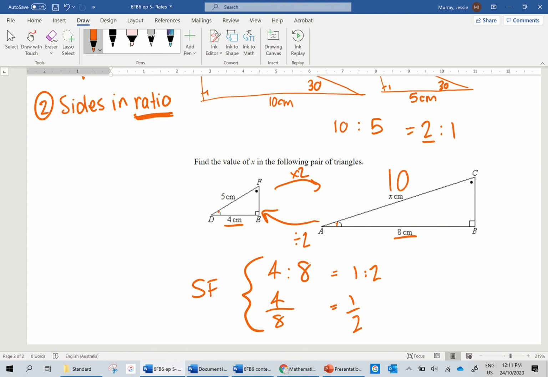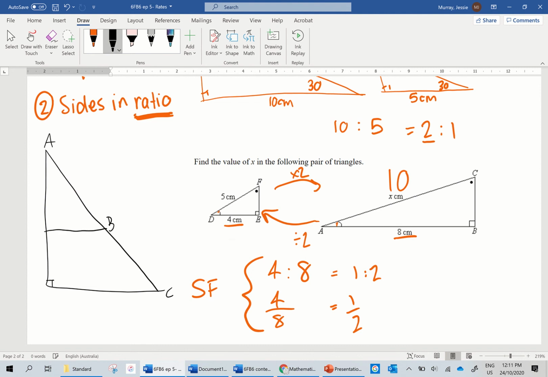And the last thing I'll just point out is that questions on this can give you something tricky, like this. And I've seen it in an HSC. There are 2 triangles in this picture. A lot of people will straight away see a triangle and a trapezium, but no, there are 2 triangles.